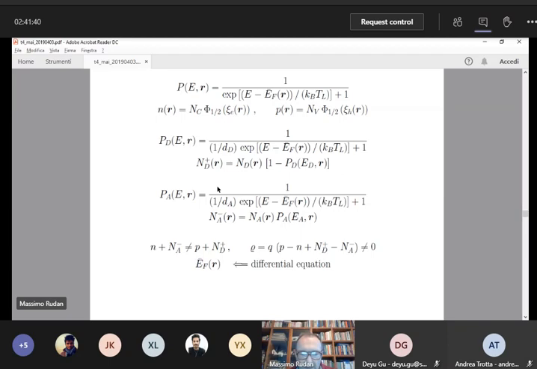We have to find a function, the function EF bar, okay? And an idea about how to proceed comes from this observation. When you have to find a constant, you try to set up an algebraic equation.